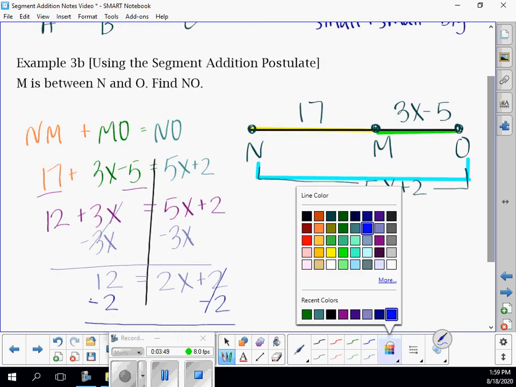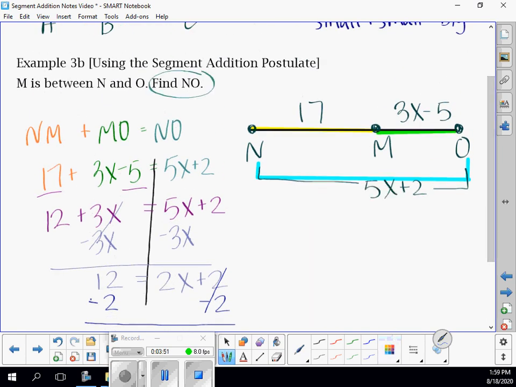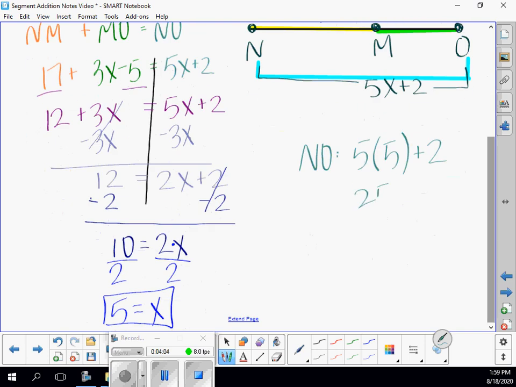Nope. If we go up, they asked us to find NO. So to find NO, you need to plug x into NO. So I'm plugging 5 in for x. Well, 5 times 5 is 25. 25 plus 2 is 27.